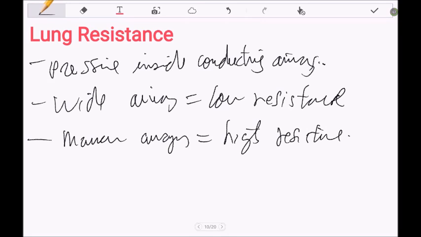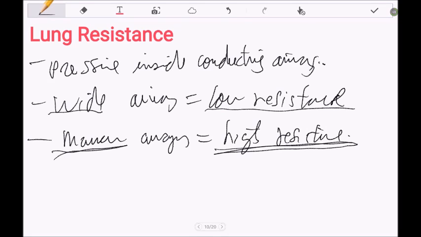Okay? And this would make sense because it's the same thing with blood pressure. When your arteries are constricted, you will have higher resistance, right? Higher blood pressure. There will be higher pressure for the heart to overcome in order to push the blood around. Same idea with lung resistance. If your airways are wider, then there's lower resistance. If the airways are more narrow, then you do have more resistance, right?